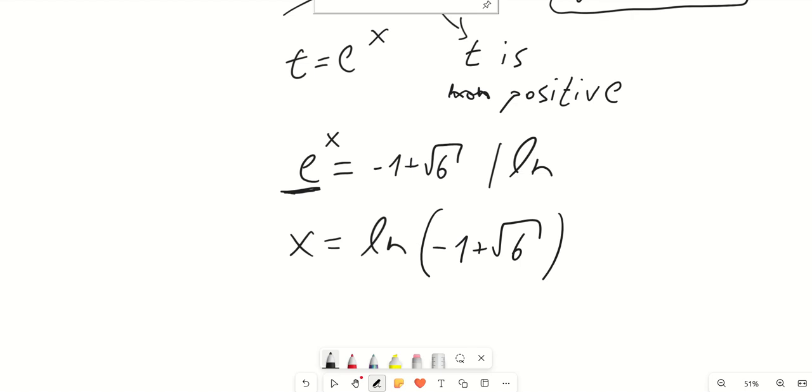So here I got actually the maximum point.